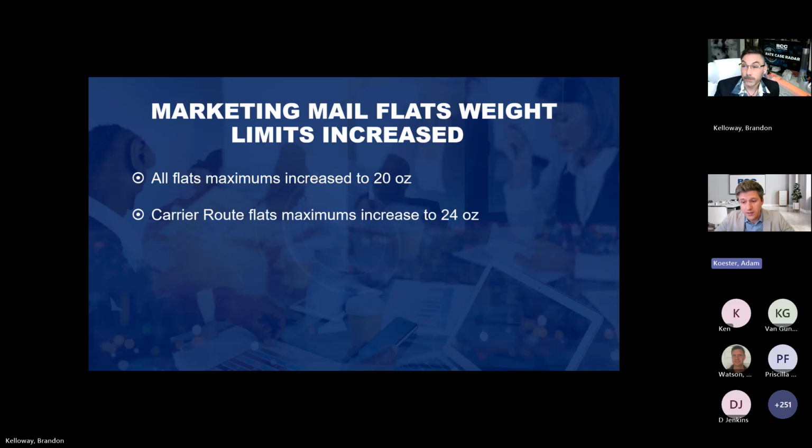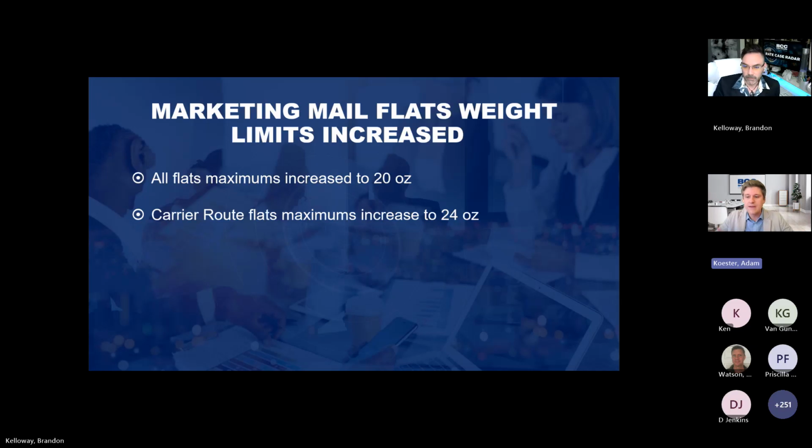So if you remember back a couple of cycles ago, the post office put a proposal out to the PRC to eliminate bound printed matter. This was originally part of that proposal as well. It was meant to give a home to all of the pieces that are in bound printed matter, a place to go.